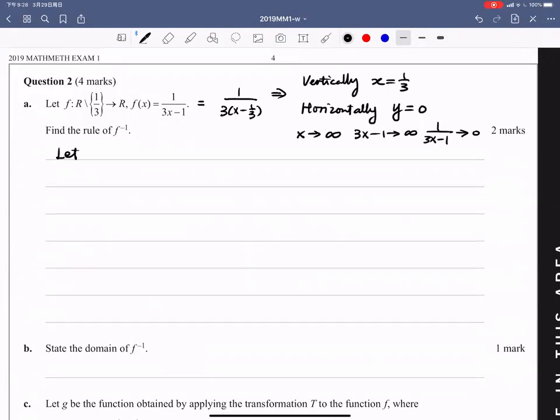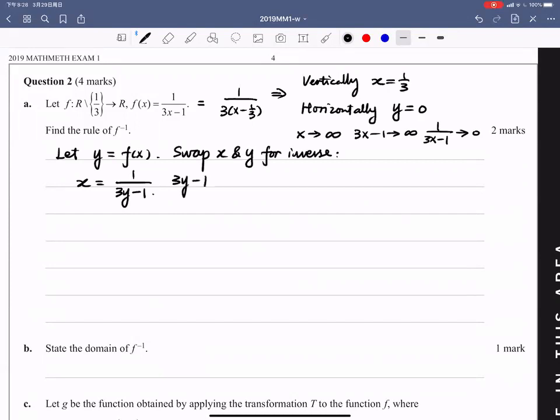So let y equals f of x. Swap x and y for inverse. So you have x equals 1 on 3y minus 1. And your 3y minus 1 will be 1 on x.